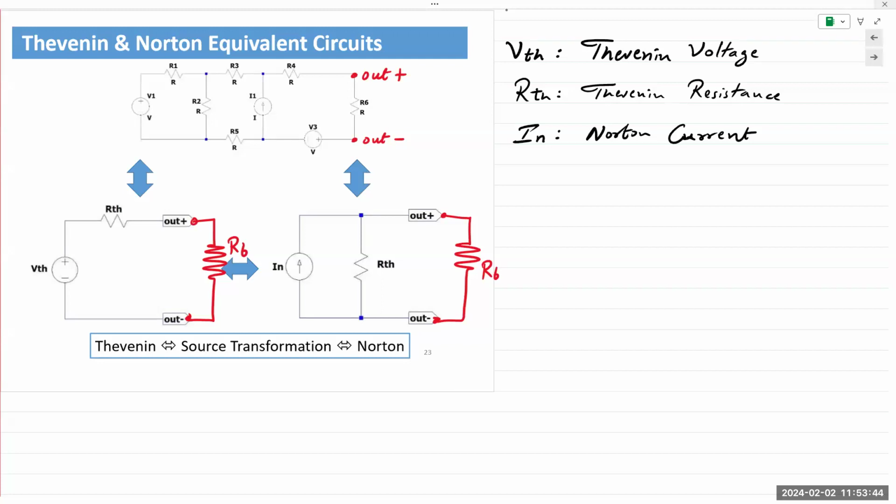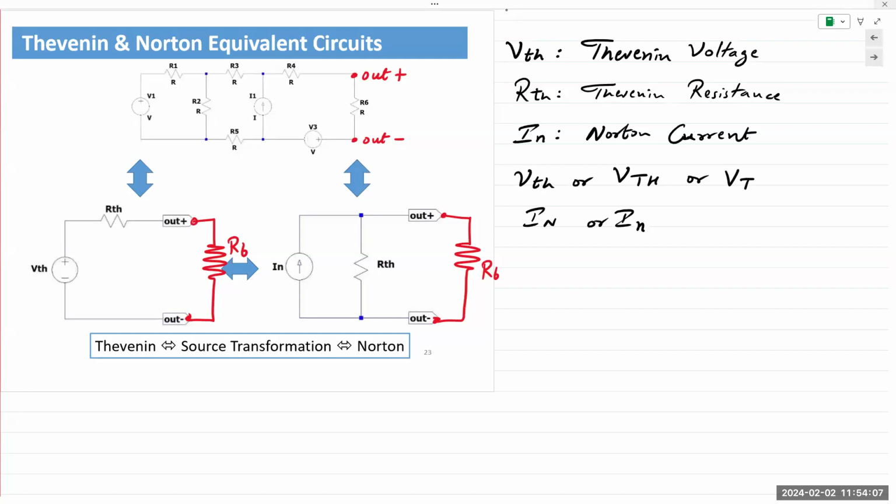The subscripts could change, could be VTH or uppercase VTH or just VT. And then of course IN, uppercase, lowercase, as it may be.